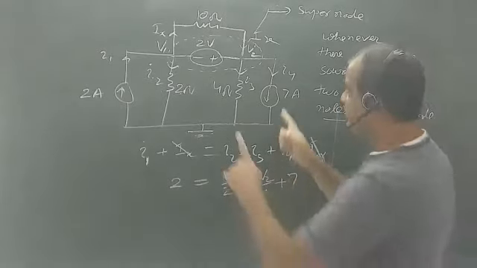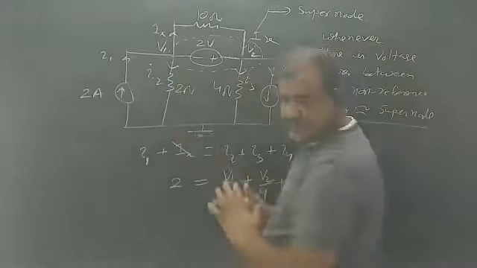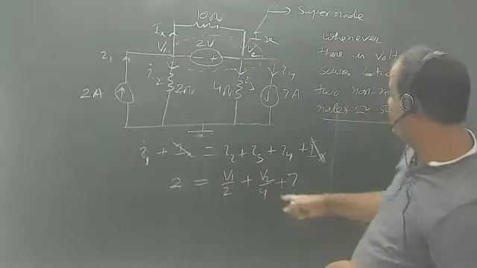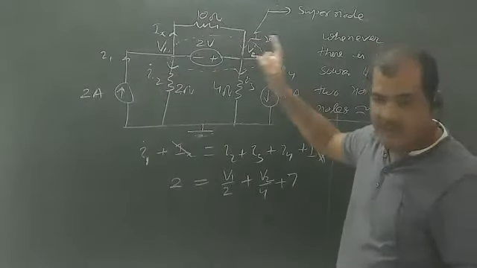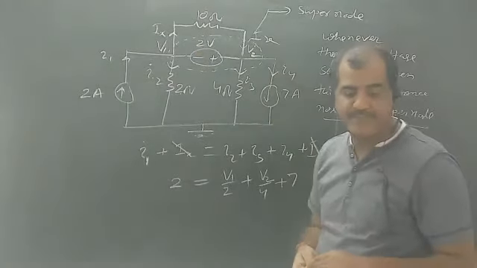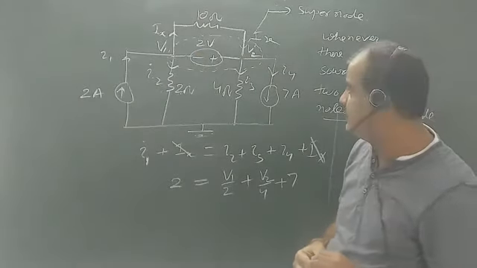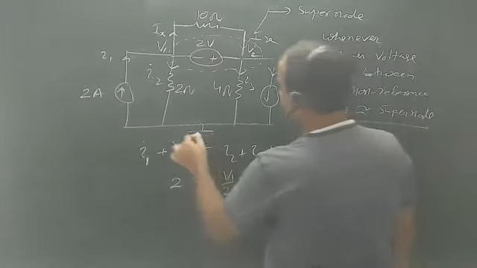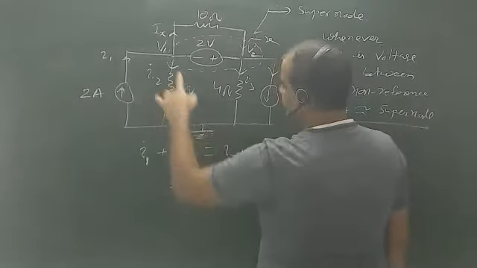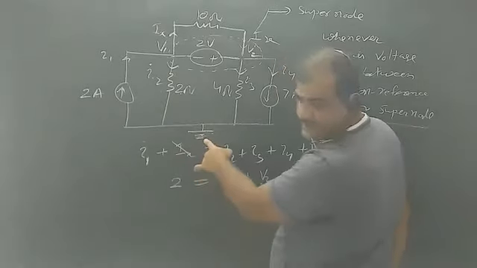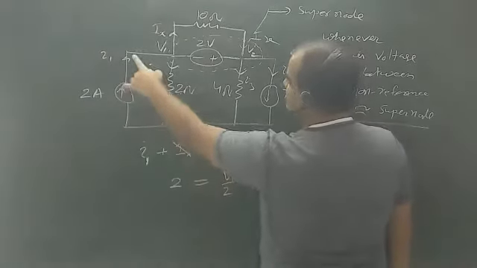So when there is a battery between two non-reference nodes, then you have to consider it a super node, a single node. Sir, one more doubt: can you once more explain what is a non-reference and reference node? Non-reference means the nodes where we calculate voltages; reference means ground.